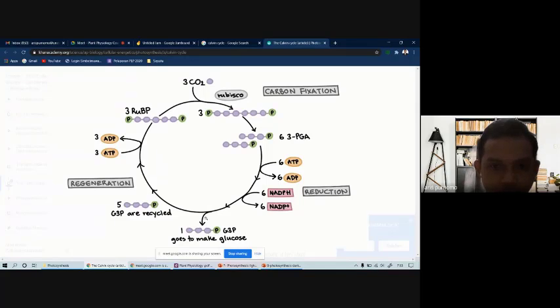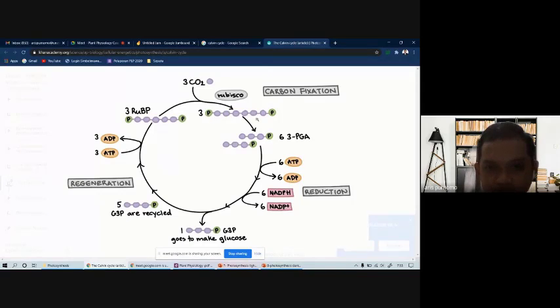Now, we can see here that there is ribulose bisphosphate as the main substance to make the glucose. The RuBP will be added by CO2 to make 6 carbon atoms: 1, 2, 3, 4, 5, 6.